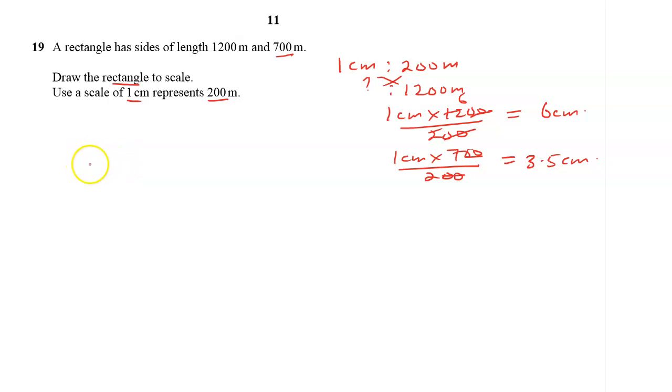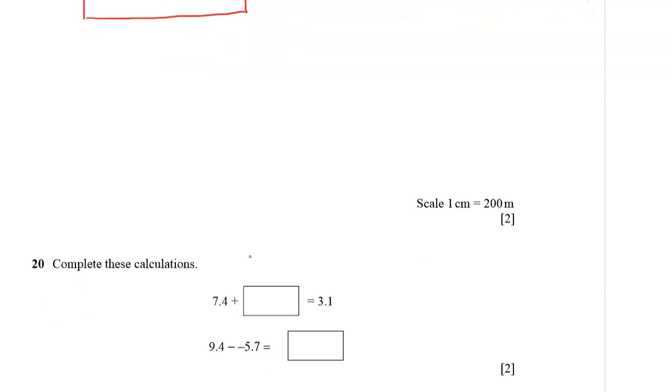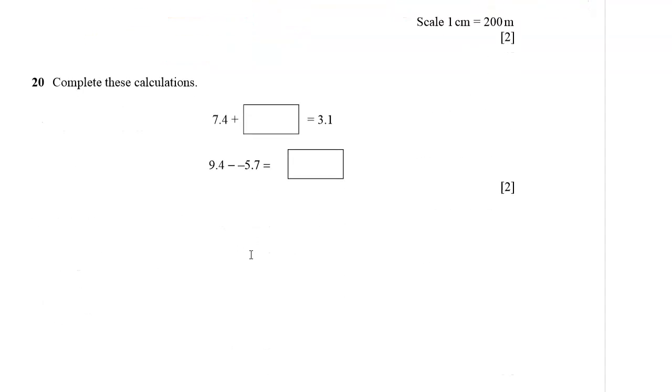Of course, you use your ruler and draw correctly. 6 centimeters. I'm just estimating 6 centimeters. This is 3.5. Then 6 centimeters and 3.5. So 3.5 centimeters. That's what you need to draw. Use here your ruler and your drawing skills.